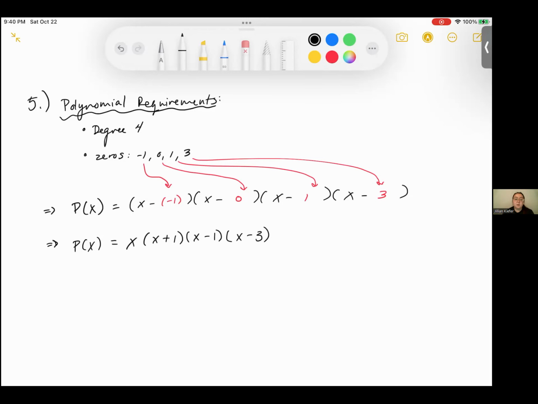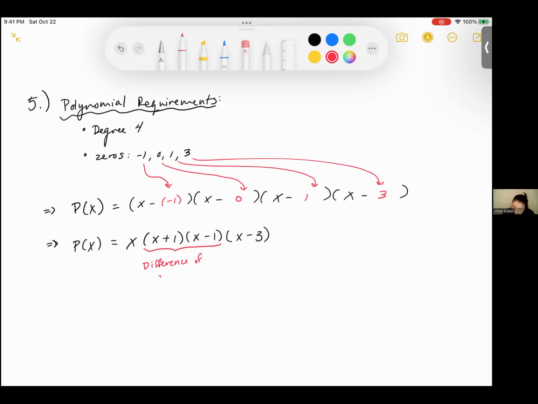So since we have these terms, we want to multiply these together. Now, this would most likely use foiling, but we can also use another strategy. And what we notice right here is that we have x plus 1 times x minus 1. Now, this is called the difference of squares.